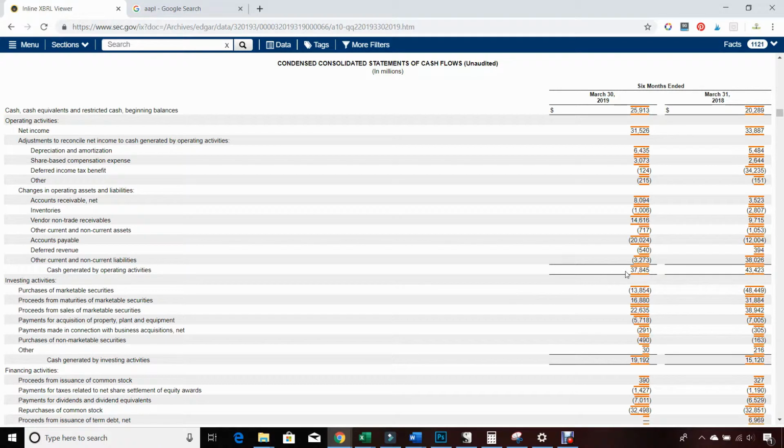And obviously cash flow can also be impacted sometimes. For example, if you look at Apple, they generated a lot of cash flow this year, $14.6 billion versus $9.7 billion from non-vendor trade receivables. So there are a lot of things that can impact cash flow on a year-by-year basis too.